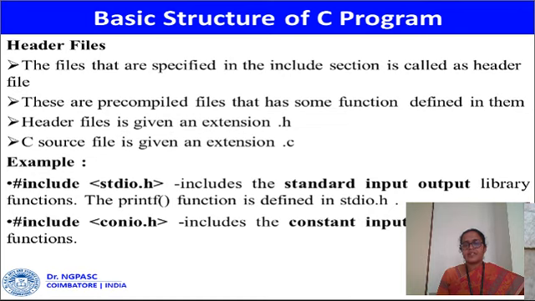The header file is given an extension of .h and a C source file is given an extension of .c. Almost all C programs contain stdio.h and conio.h in the linking section. This stdio.h represents the standard input output library functions.